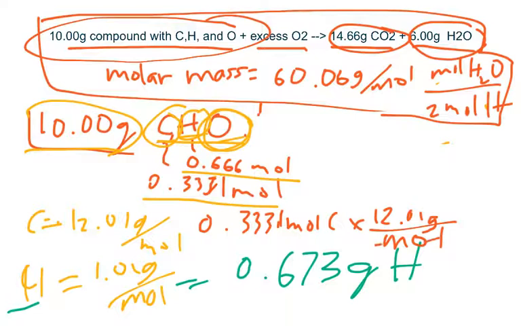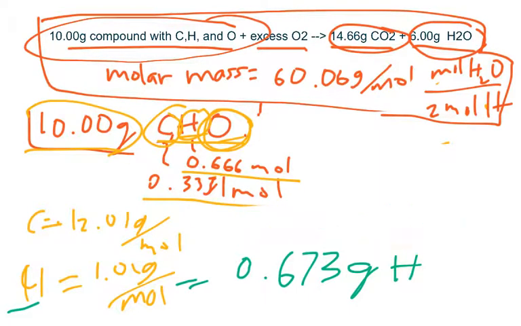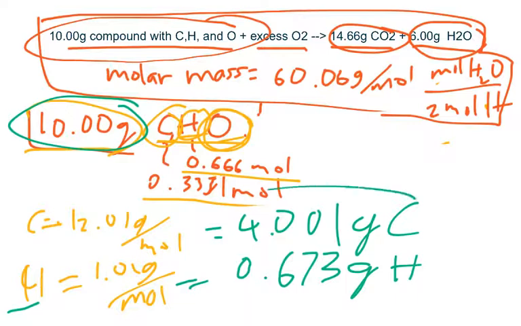And the moles cancel out, so we're left with grams. And what's 0.3331 times 12.01? Well, I got an answer of about 4.001 grams of carbon. So if we know the total mass of the compound and we know the mass of carbon and hydrogen, then we could definitely find the mass of oxygen.